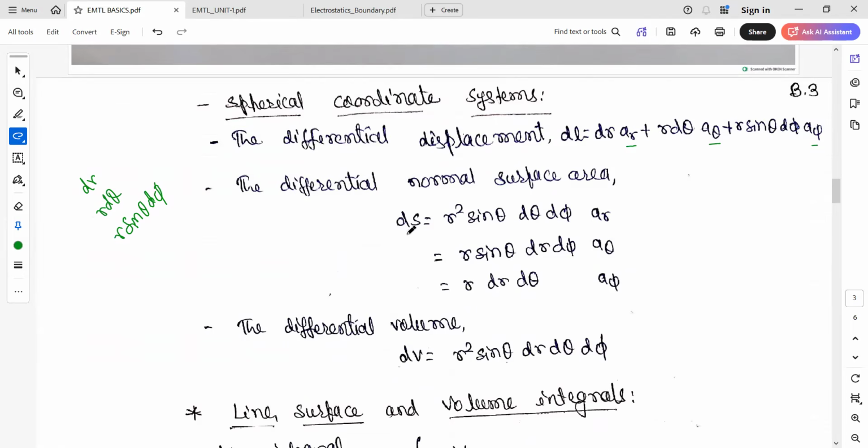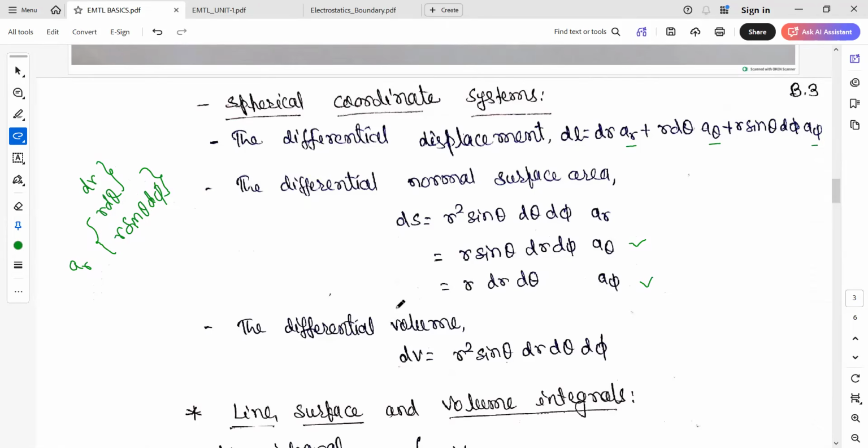Then the differential surface area ds, where these three are multiplied. If you multiply two of these, you get the radial one, since the area vector is always perpendicular to the surface. This is the ar. If you multiply another two, it will be along phi. And if you multiply the remaining two, you will get this one.